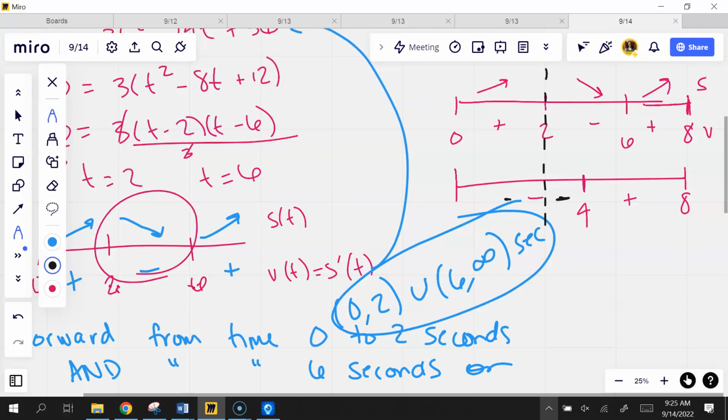So negative, negative, this is still negative. Positive and positive. And then negative and negative and positive and positive. So where are the signs the same? Because that's where it's speeding up.